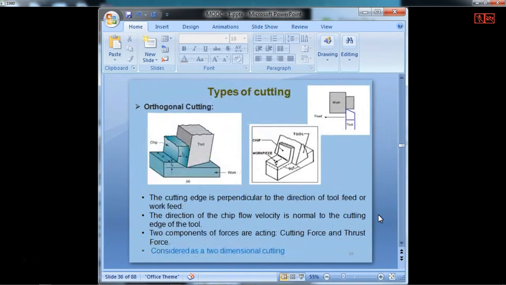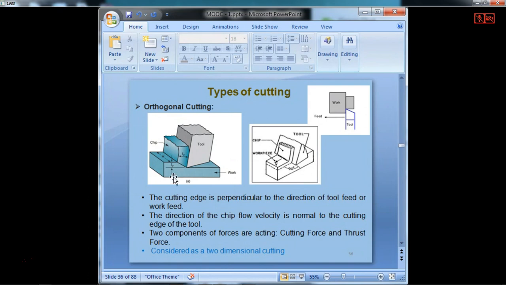So what is this orthogonal cutting? The figure you see here shows the linear way of cutting. In turning, you actually see a cylindrical workpiece and a single point cutting tool. In order to explain the concepts of the cutting process, they just make it linear.